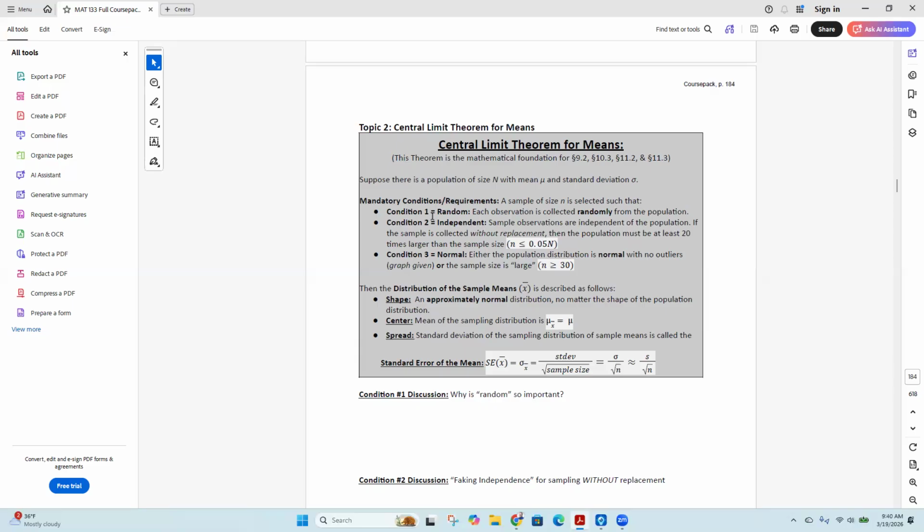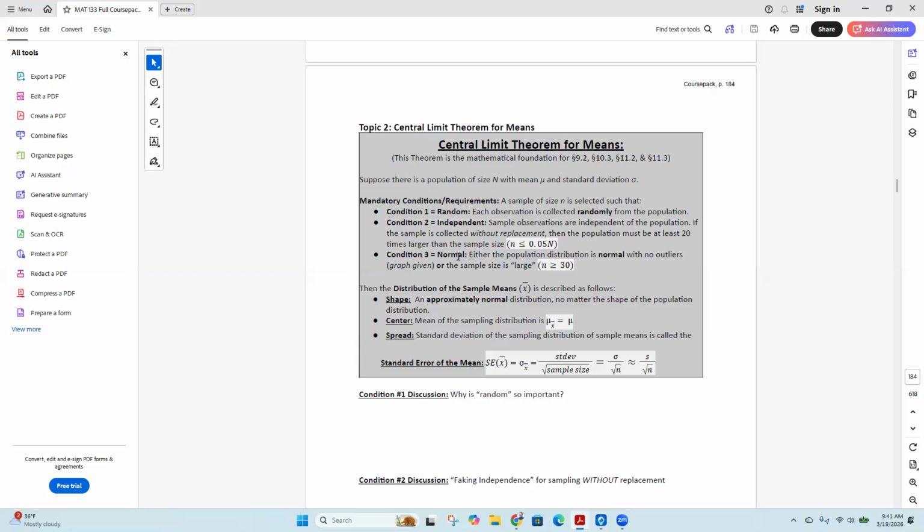For the central limit theorem, similarly, there are conditions. I don't know if there are other theorems you know of. Probably haven't worked with the fundamental theorem of calculus, but there are certain conditions you need to meet in order to use it. For this one, the conditions are random, independent, and normal.